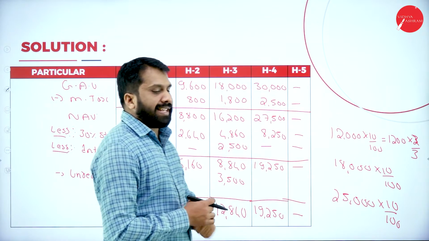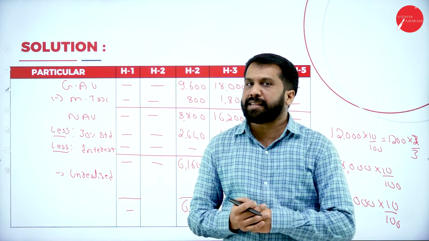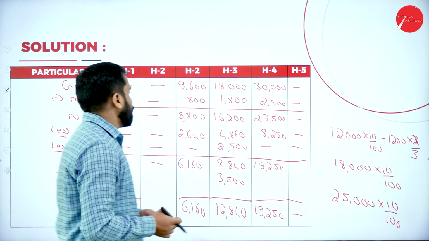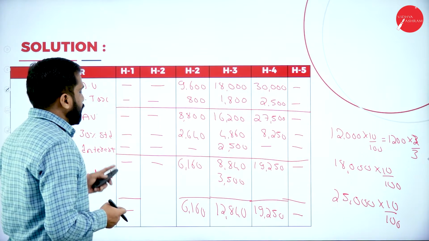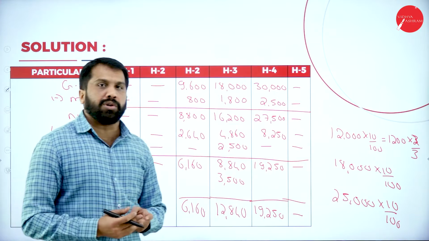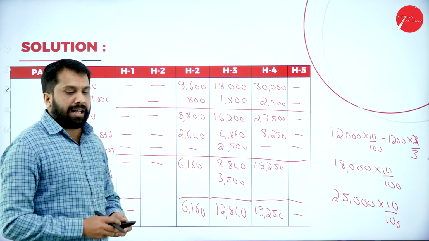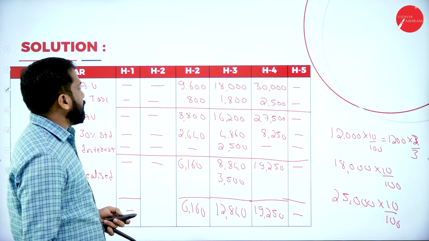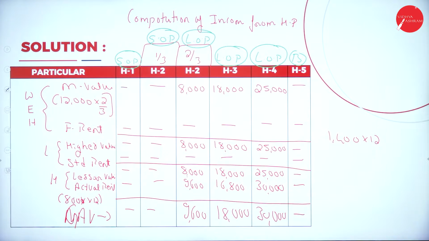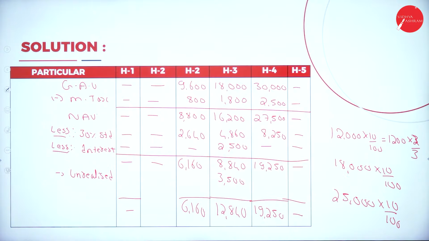If you want to make it taxable, how can you make it taxable? I'll tell you. First you take a screenshot of this. Later I'll show you how we make this house let out. I'll go back to slides. You can take a screenshot. This is the first part and this is the second part.